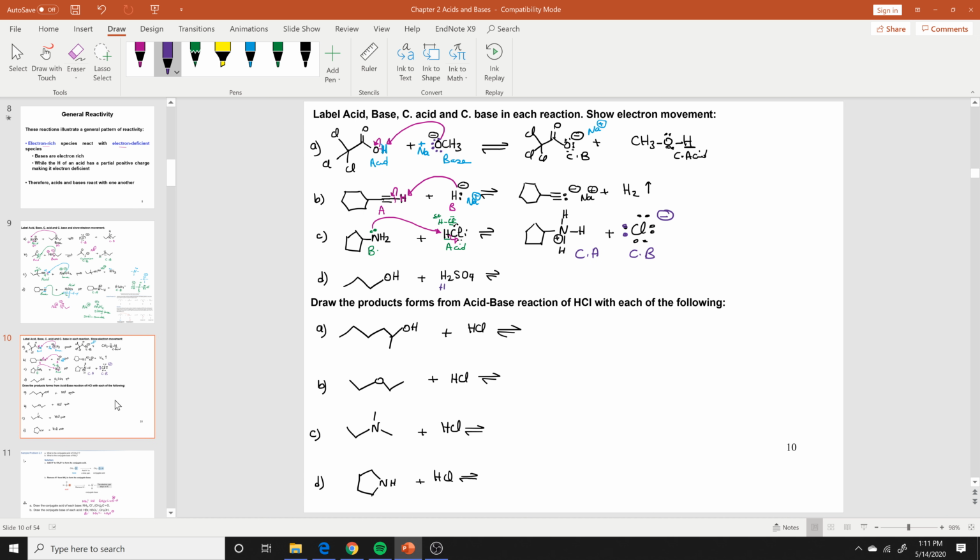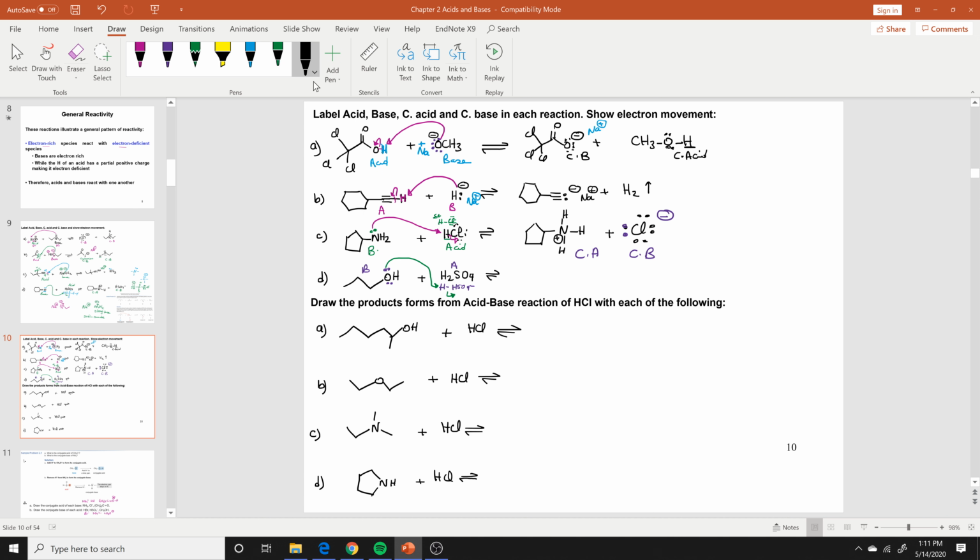I'm just going to draw it like this this time, HSO4 negative. So this is going to be my acid. This is going to be my base from the oxygen. So the rule says that I'm going to use the lone pairs of the base to take the acidic hydrogen, and I'm going to form my leaving group in that case.